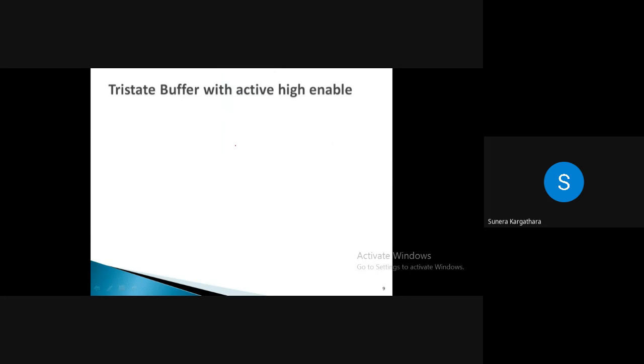Suppose, student, you are having a data flip-flop, which is having only one input, D input, and one output, Q is your output, right?